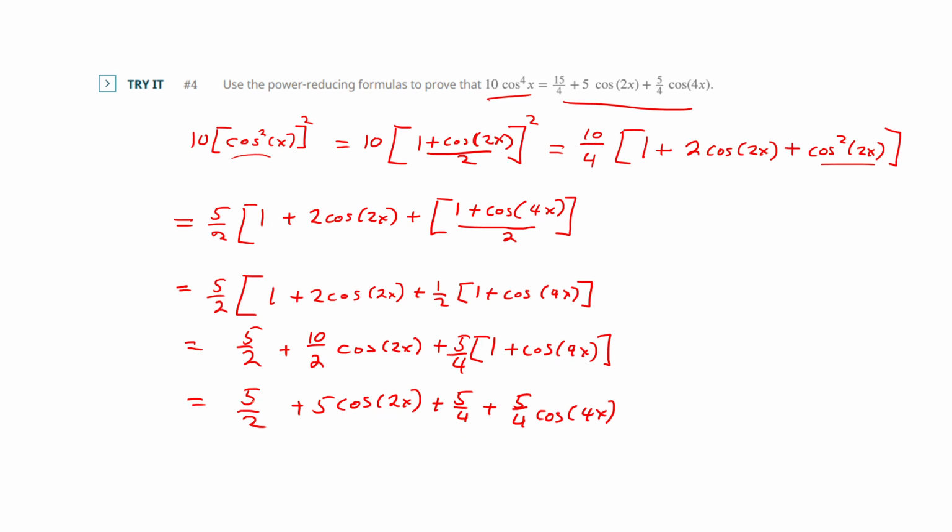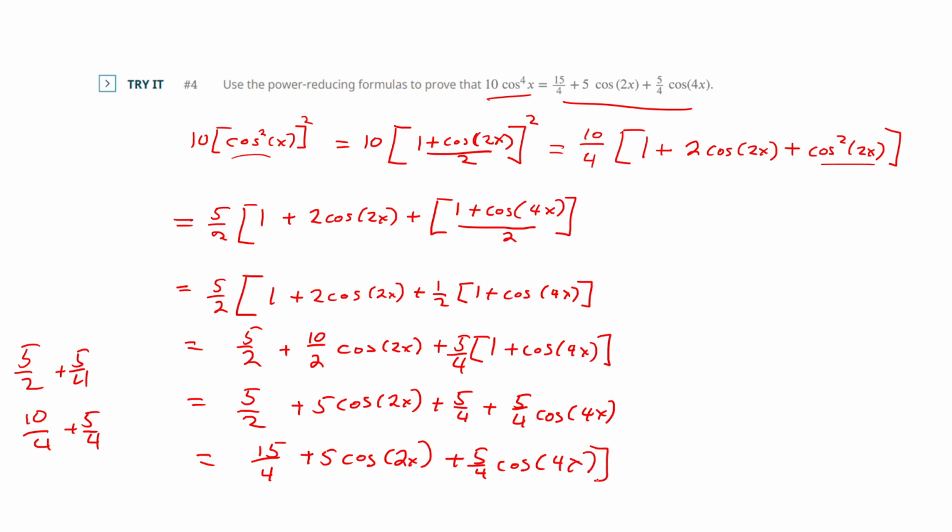If I had 5/2 plus 5/4, so I've got two numbers that can just be combined. This would be the same as 10/4 plus 5/4. So I've got 15/4 plus 5 cosine 2x plus 5/4 cosine of 4x. And I've got what I needed. Okay, I've got what I needed.